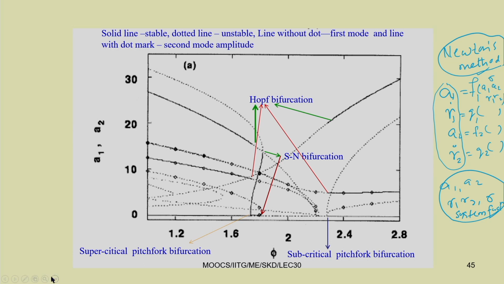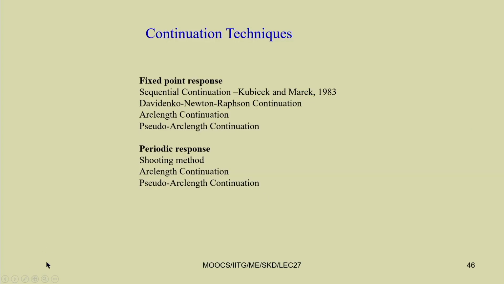There are also several continuation techniques. For example, you have started with some bifurcation point, then how do you continue? For that purpose there are several continuation techniques. For fixed point responses you can have the sequential continuation technique or the Keller continuation, developed by Keller in 1983.